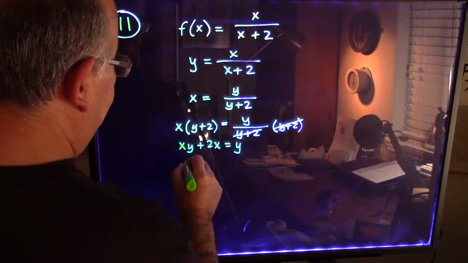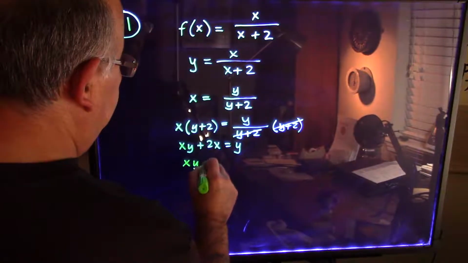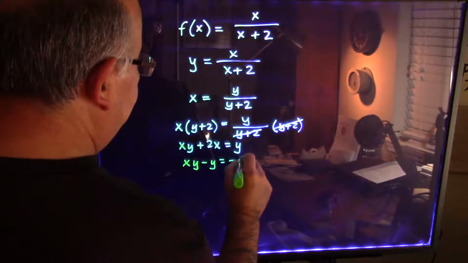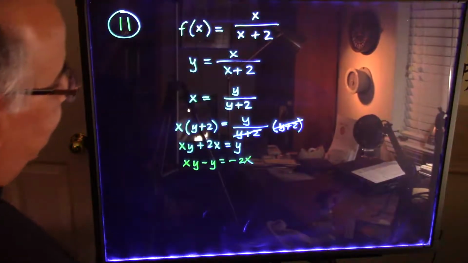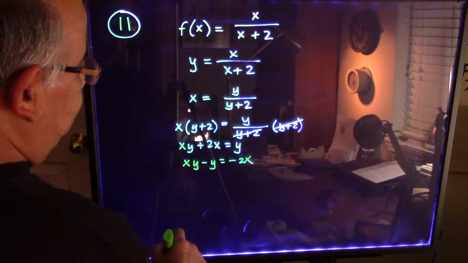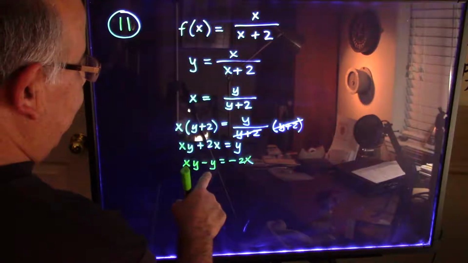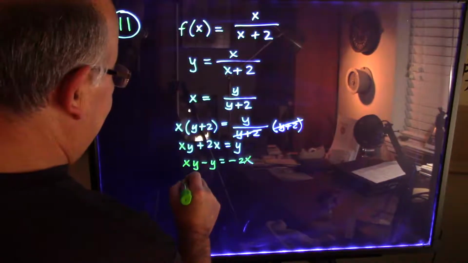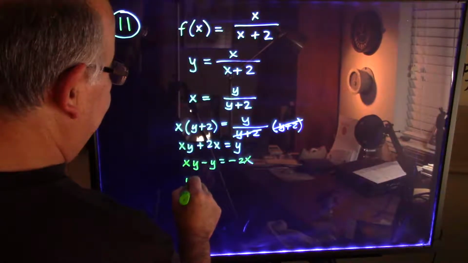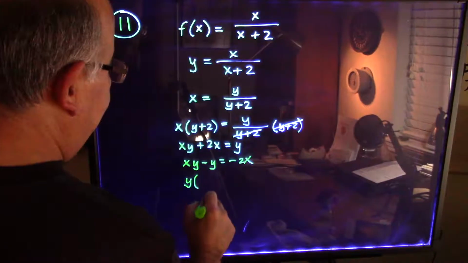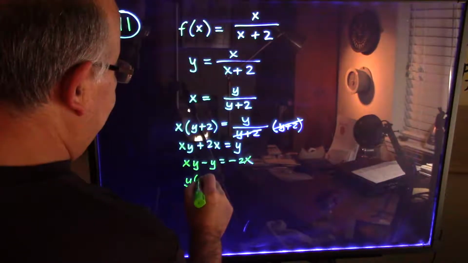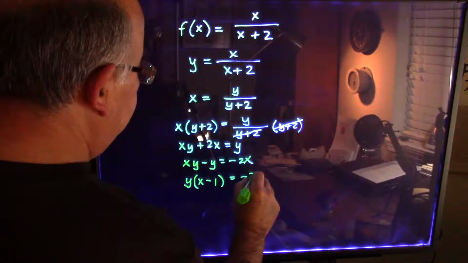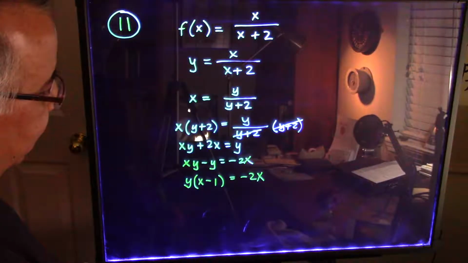So you've got xy minus y equals a negative 2x. Alright? So you want to isolate the y, so you factor the y out of these two terms. So that's how you would do that. Now you have one instance of a y there, and that leaves you with x minus 1 in parentheses. Like that.